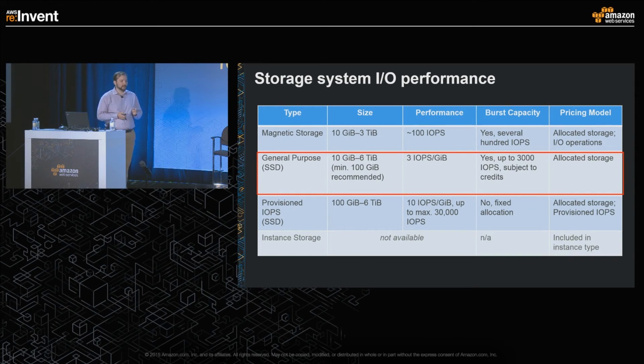We do recommend allocating at least 100 gigabytes because with GP2, if you allocate smaller amounts of storage, you might get lower performance than your magnetic storage because of the 3 I/O credits per gigabyte that you receive.